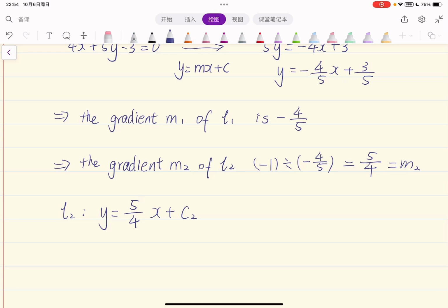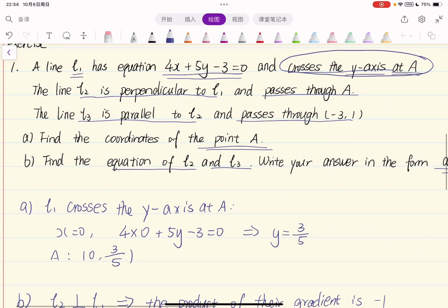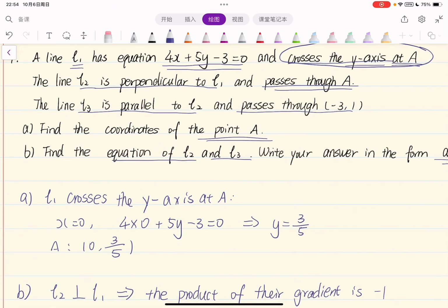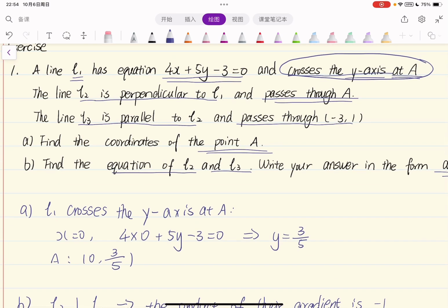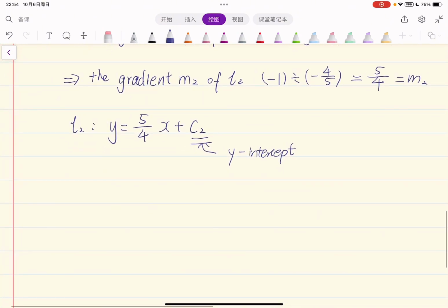Then we need to find the constant, that is the y-intercept of L2. We know that L2 passes through point A, so we can substitute the x-coordinate and y-coordinate of A into the equation of L2. From part A, we know A is the point (0, 3/5).